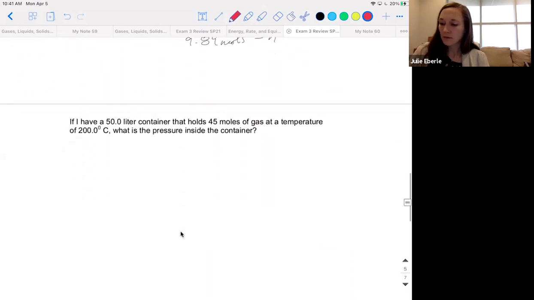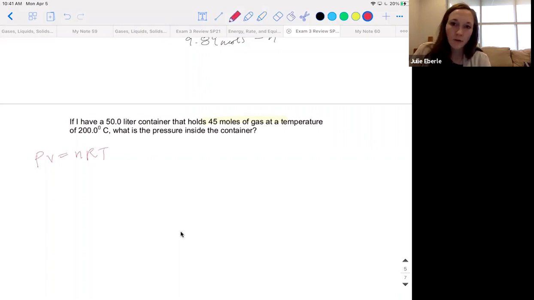Here's another problem. It says I have a 50-liter container that holds 45 moles. I've got moles of gas in my problem, at a temperature of 200 degrees Celsius. What's the pressure inside the container? Because it's giving you moles of gas, we're using the ideal gas law, PV equals nRT.